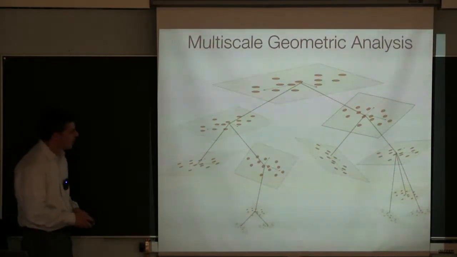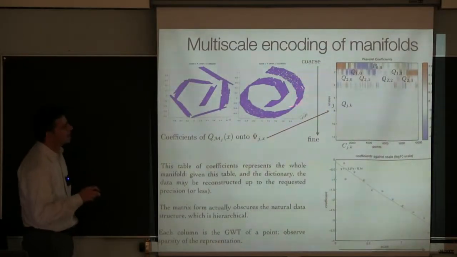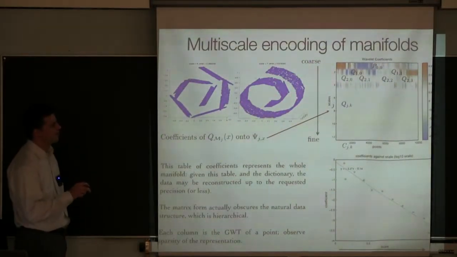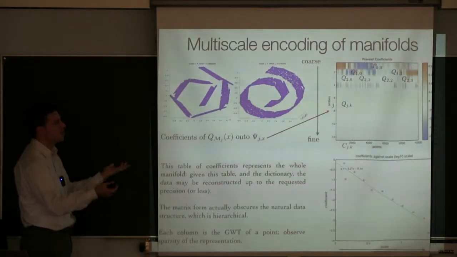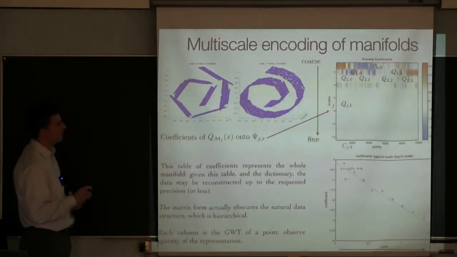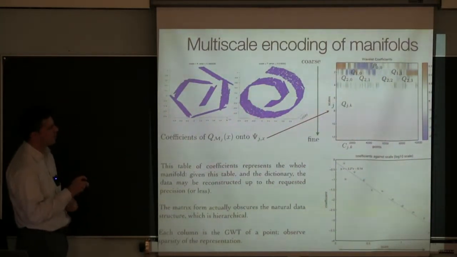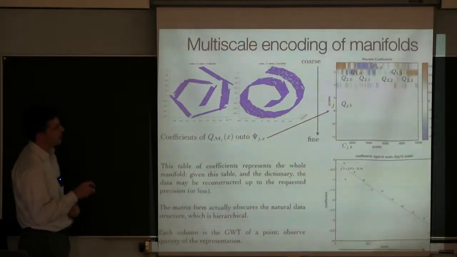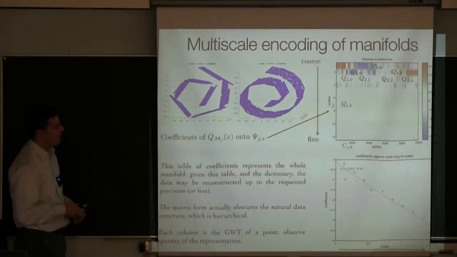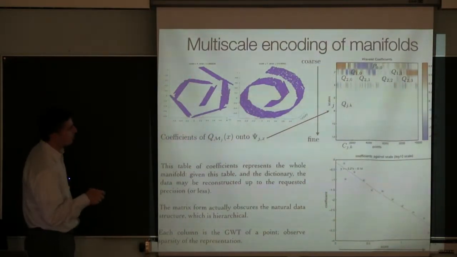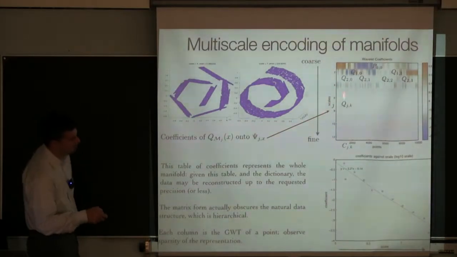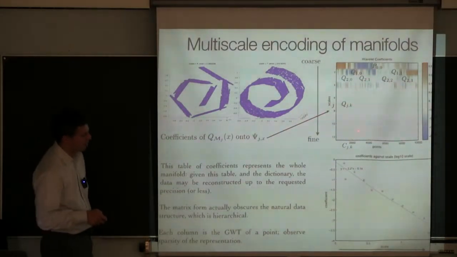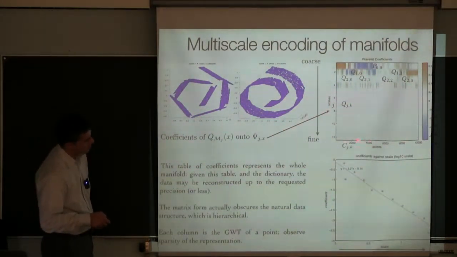So, toy examples. If the data is on a very simple manifold, this is a Swiss roll manifold, 2D, we embedded it in 100D. And here are 2 approximations to the manifold, using a scale 4, using 16 planes, and a scale 7, using 128 planes. And the data on this Swiss roll gets compressed in what we call a geometric wavelet transform. Every column here corresponds to a point on the manifold.